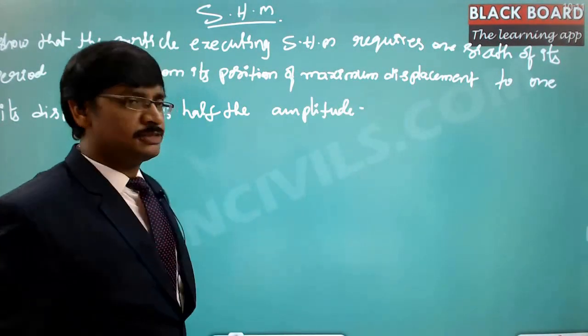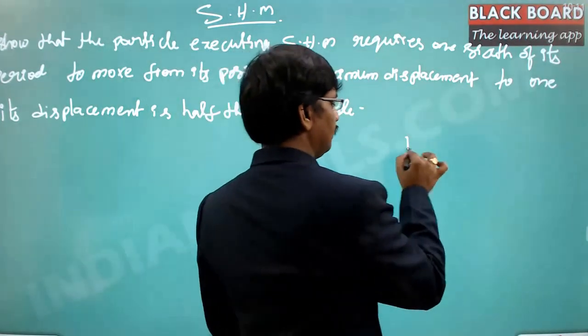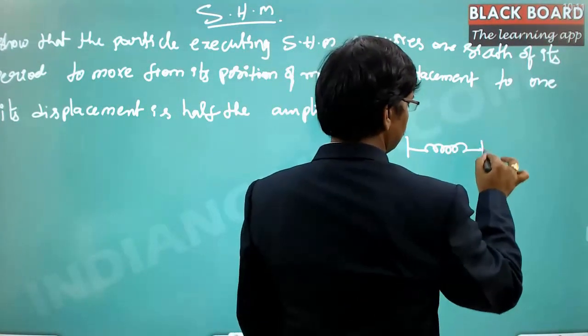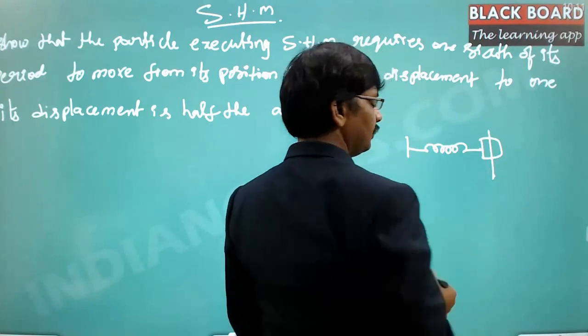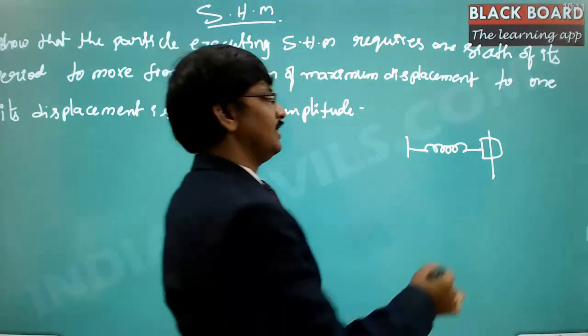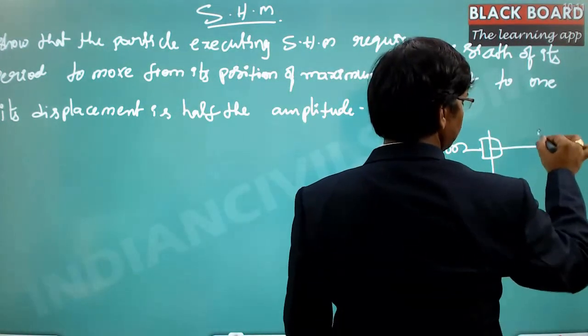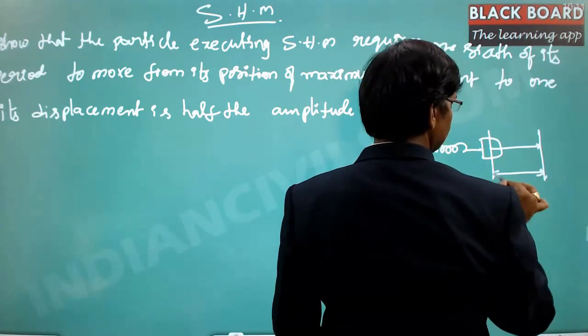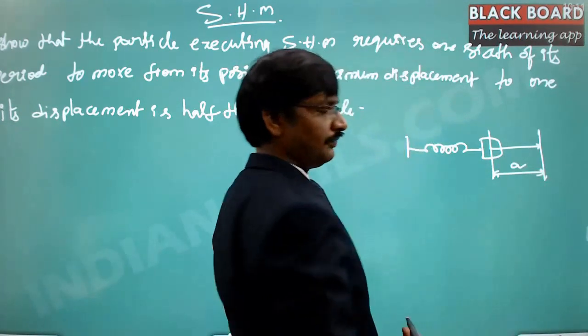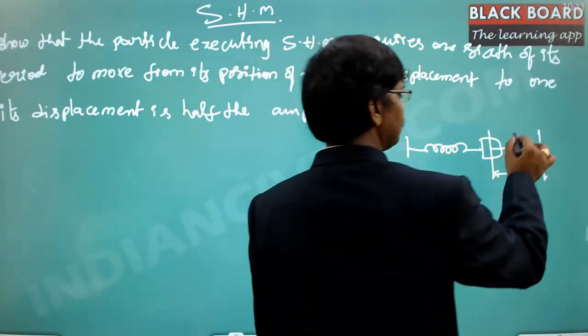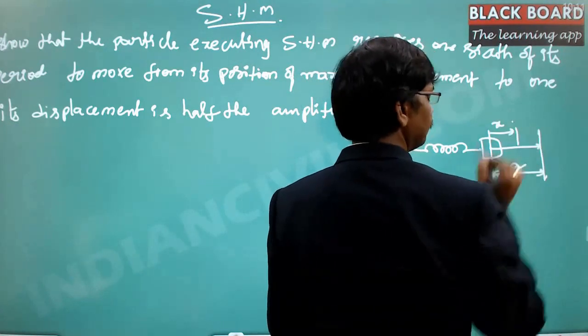So in this problem statement, this is the mean position, and initially it was dragged to the extreme position, and this length is the amplitude A, and at any instant the displacement is x.